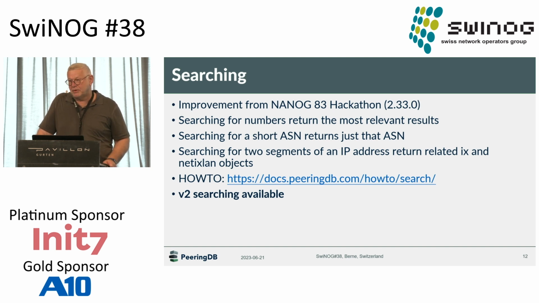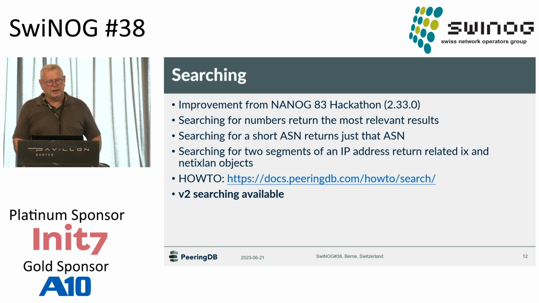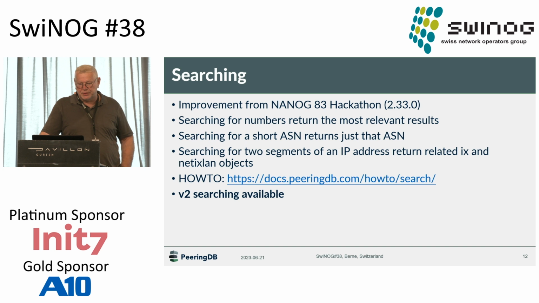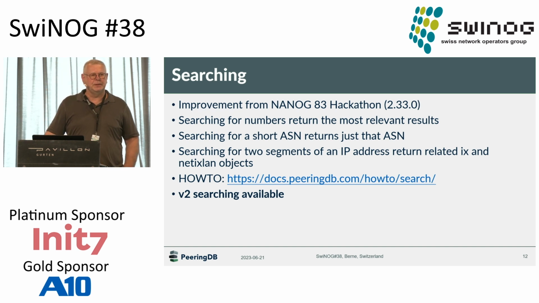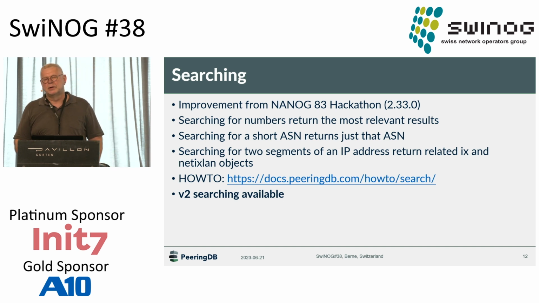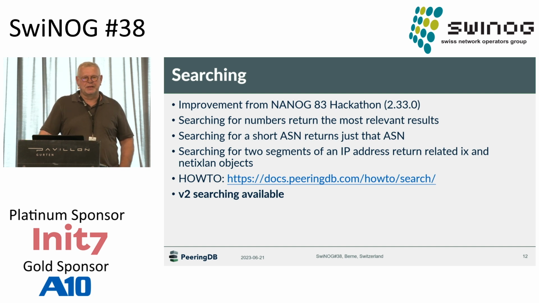And searching is always an interesting topic. We have done a hackathon at NANOG 83, and this improved, but the latest improvement really comes from something we call V2 searching, and if you go to PeeringDB, you can click on a link and say, okay, I want to do V2 searching, and this does more natural language searching.